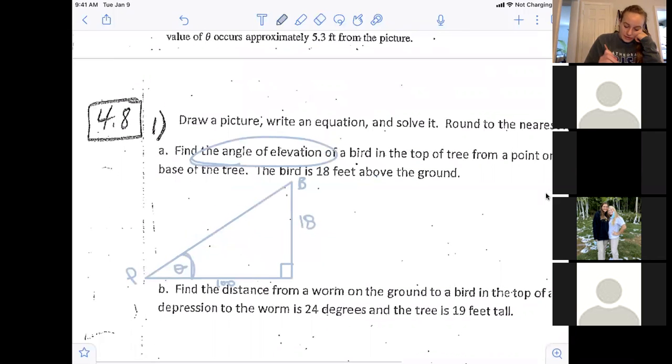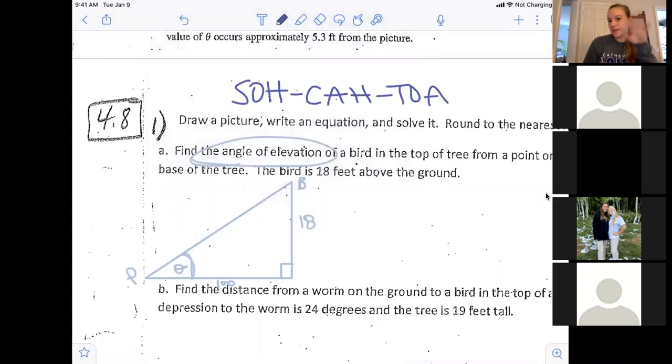Now, in case you don't have it tattooed in your brain already, let's write SOHCAHTOA at the top of our page. We're just using our three basic trig functions here, sine, cosine, tangent, and it just is based on the information given to us. So in this case, I want to find theta. I'm going to say I have it even if I don't have it, because that's what I need to find.